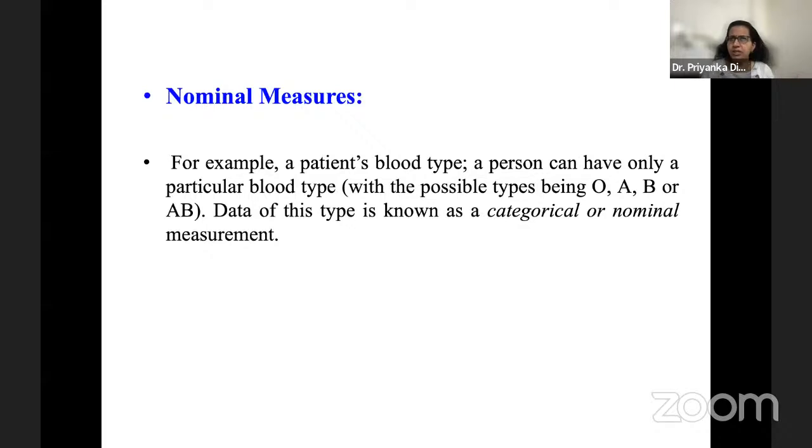I hope this is clear and has been covered in the previous session. So any variable you can name, can anyone give an example of any variable? Yes, any variable. So a variable could be, let's say, age of the person.